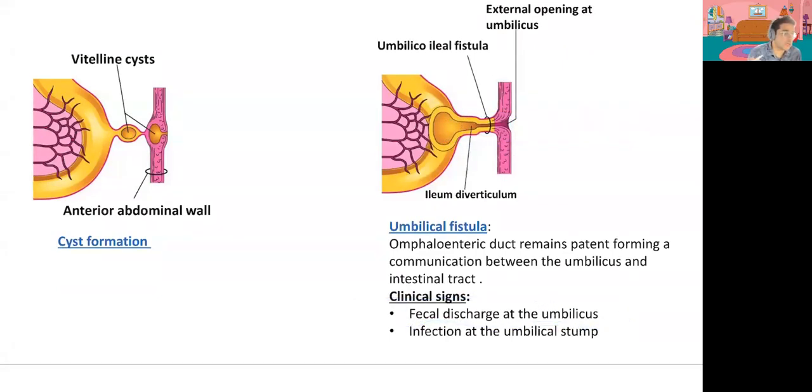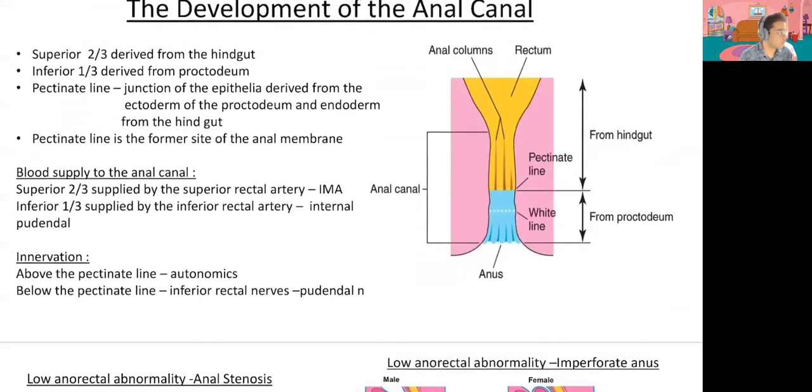So if they say any sort of meconium coming from the belly button, you already know that it's the umbilical ileal fistula, okay? It often presents with infections because bacteria hanging out outside on your skin can easily pass into the intestines and cause sepsis, or the baby could pass away due to the septic shock that these exogenous bacteria are bringing in.